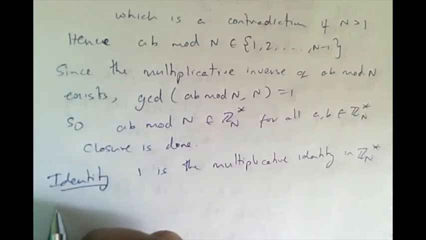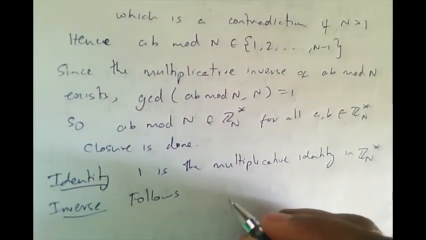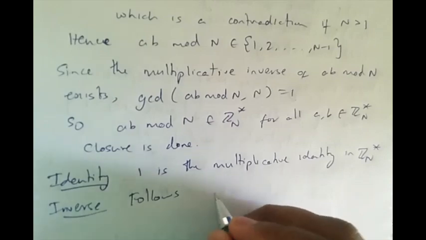So inverse follows from the proposition again, which says that as long as the GCD of the integer and n is 1, it will have a multiplicative inverse. Well, it almost follows from the proposition.